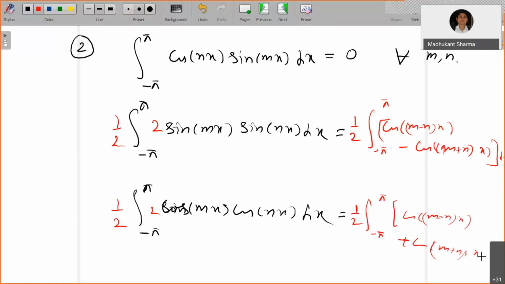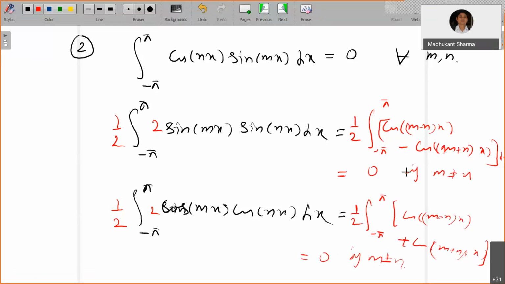Now in both cases, if m is not equal to n, the integral of cos is sine. So sine multiplied by an integer multiple of pi or an integer multiple of minus pi, so both terms will not contribute, and that will come out to be 0 if m is not equal to n.